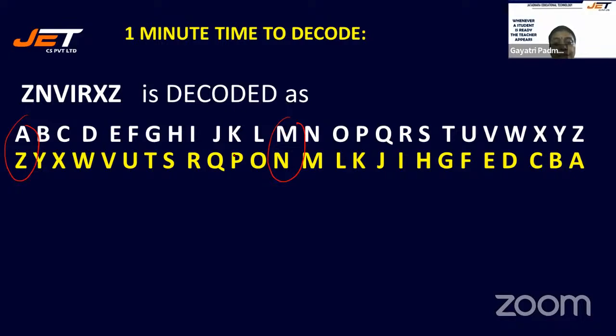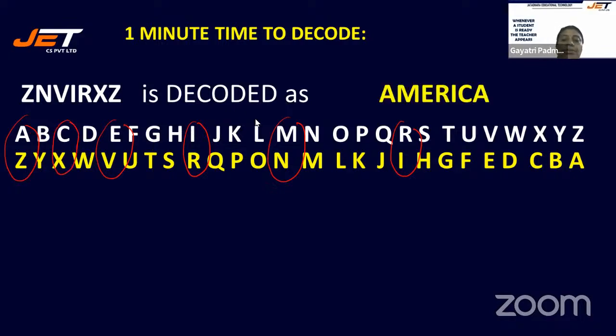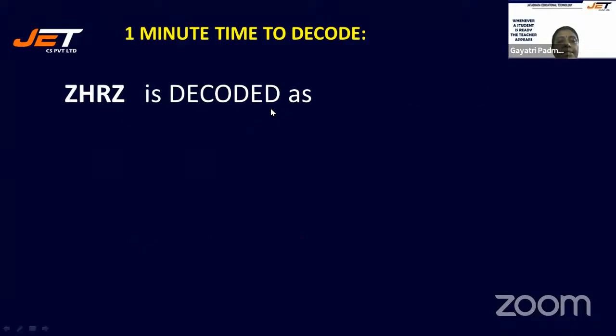Next we have V. V is here E. We have I as R. Next you have R. R is here I. Next you have X, which is C, and Z again is A. All right. So it is the same as America, what we just now did.